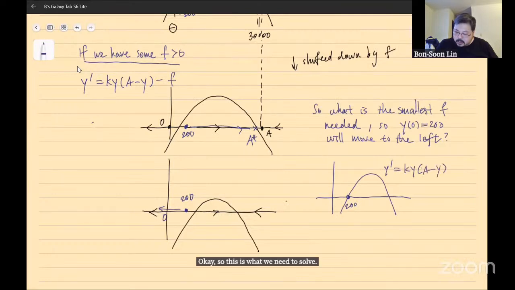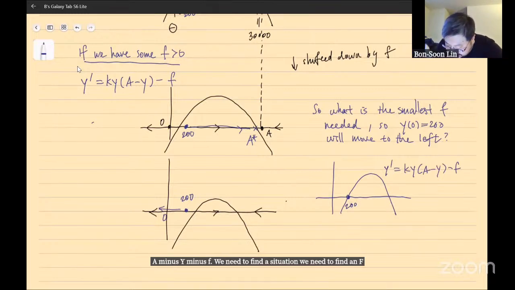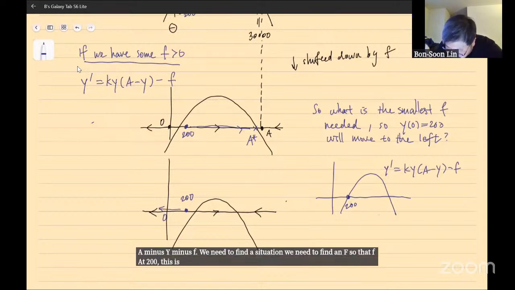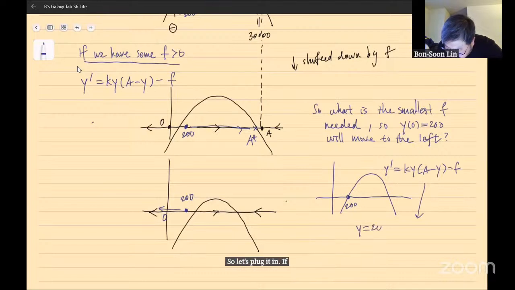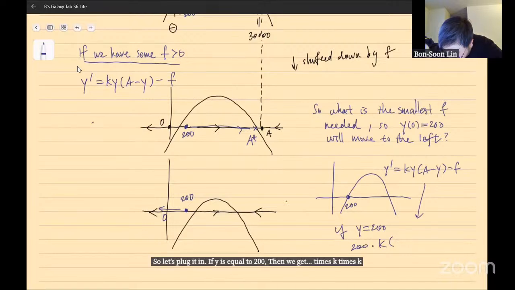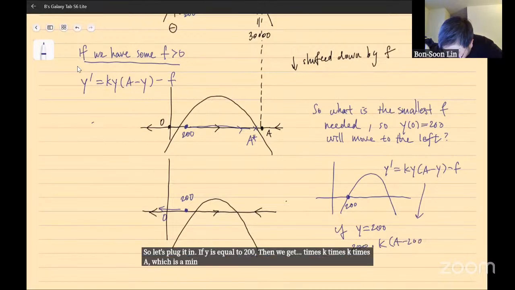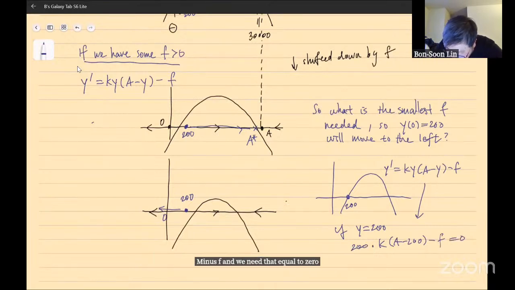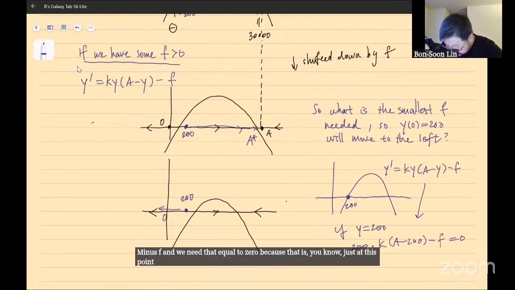k y times (A minus y) minus f. We need to find an f so that at 200, this is 0. Well, that's easy, so let's plug it in. If y is equal to 200, then we get 200 times k times (A minus 200) minus f, and we need that equal to 0, because that is just at this point, at the horizontal axis.